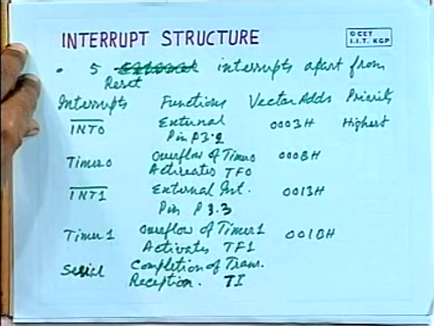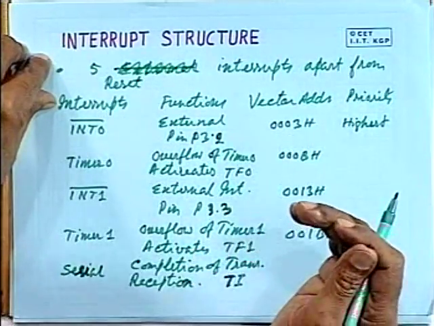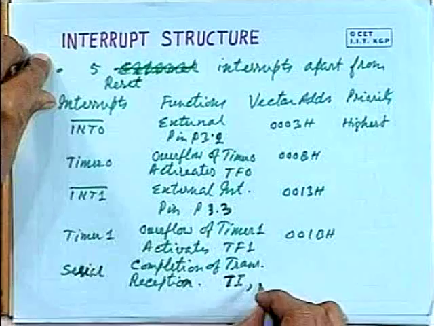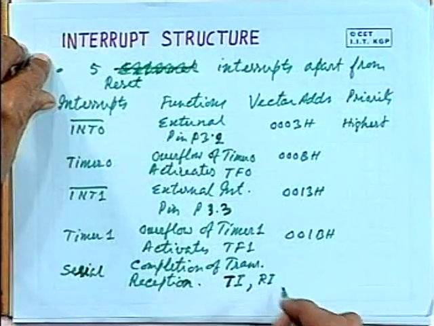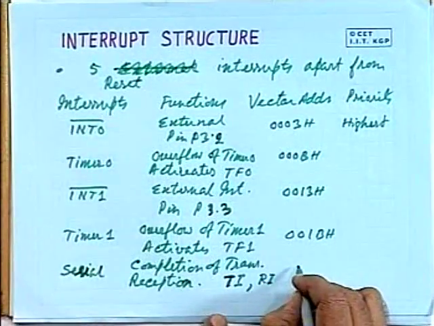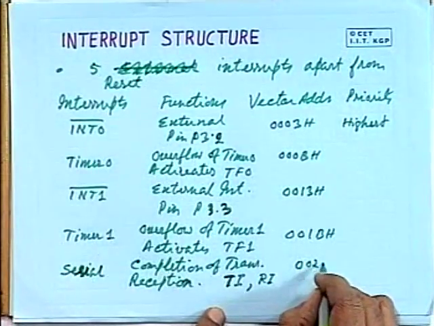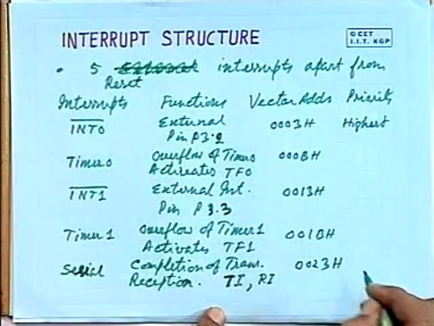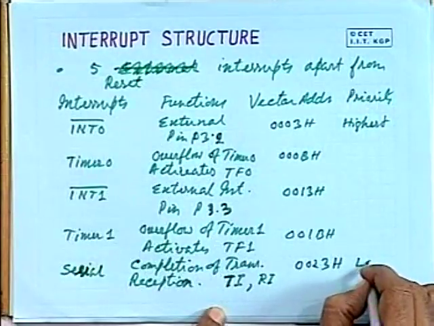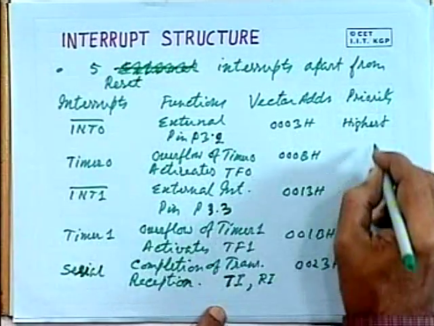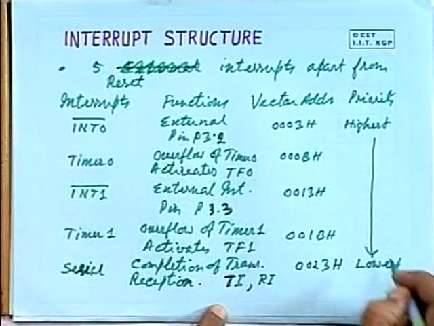So TI for transmission, and similarly whenever a particular byte is received, the processor will be interrupted and a corresponding flag bit, receive interrupt, will be activated, and the corresponding vector address is 0023 in hex, and this has got the lowest priority. So the priority is in this order.